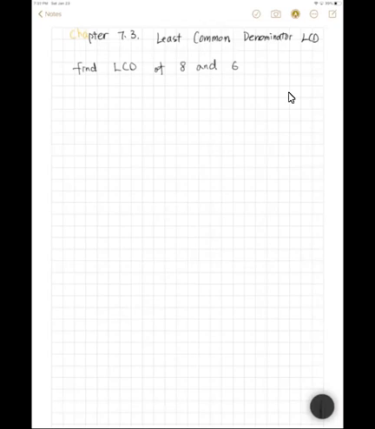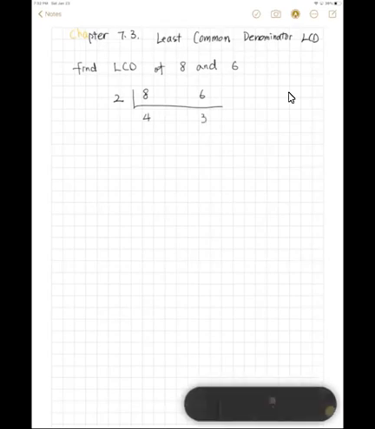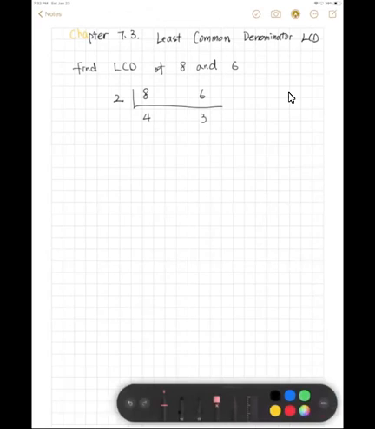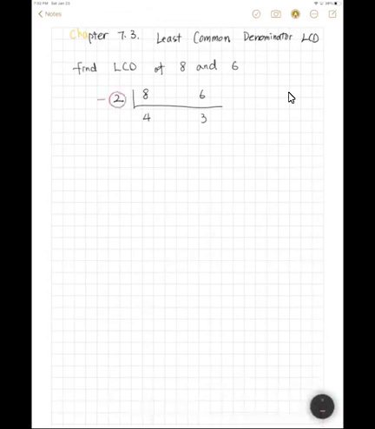Remember how we found the greatest common factor? Since they can both divide by 2, right? So 8 divided by 2, we have 4 left. And then 6 divided by 2, we will have 3. Okay, so remember this part is our greatest common factor.